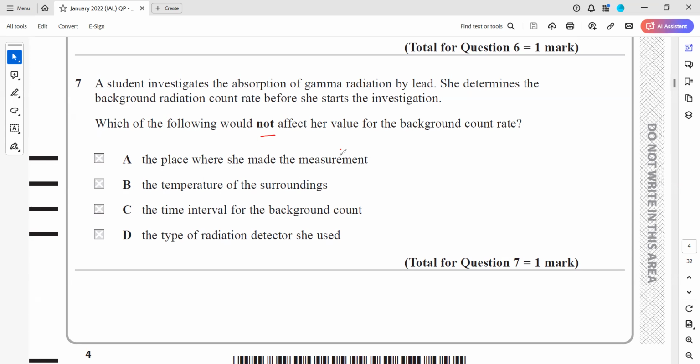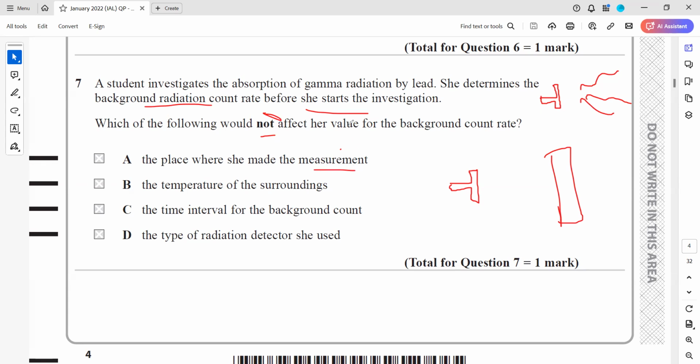The place where she made the measurement.